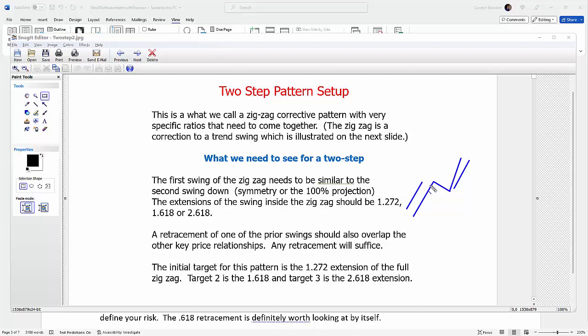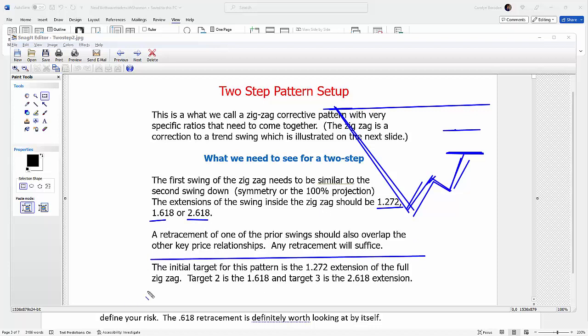Okay. And then you're going to take the center of the zigzag and run a high to low extension, and I want to see it overlap at the 1272 with a 1272 or 1618 or 2618. And then the third part of the pattern is you look at a retracement of the prior trend swing and see if it also matches up, maybe with a 618 retracement or a 786 retracement.